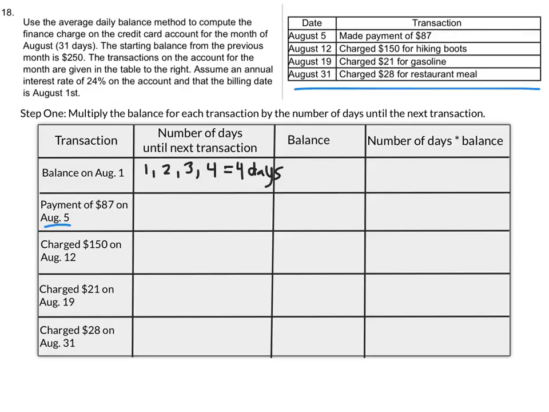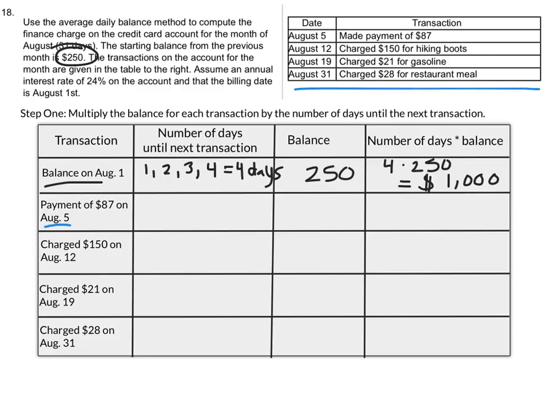Since this is the first row, I'm going to have a balance of my starting balance, which is $250. That was the balance that was carried over from the previous month. So I'll just write $250 in this block. Now I'm going to multiply the number of days, which is 4, times $250, which is the balance. And I get a total of $1,000.